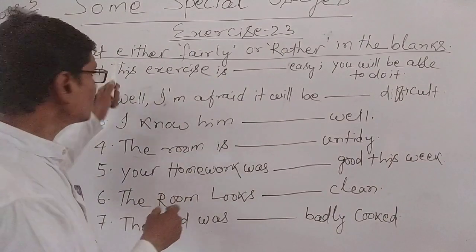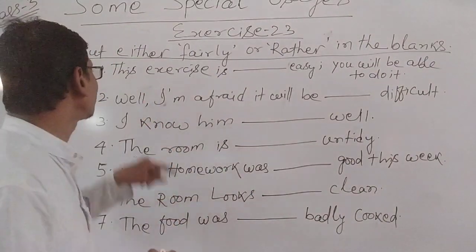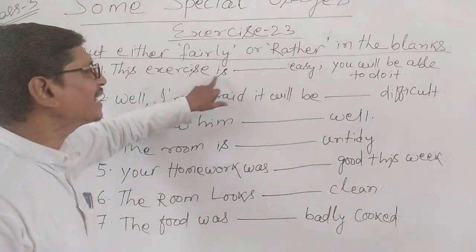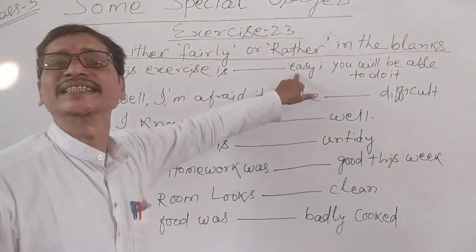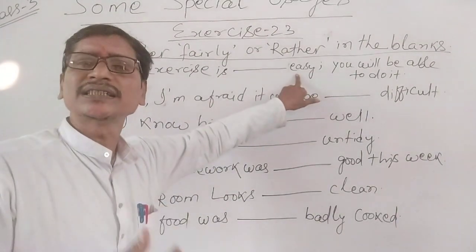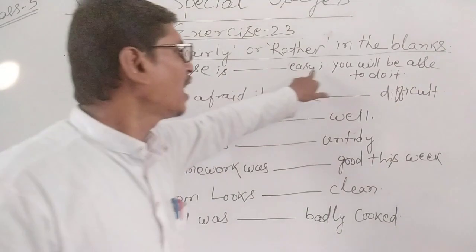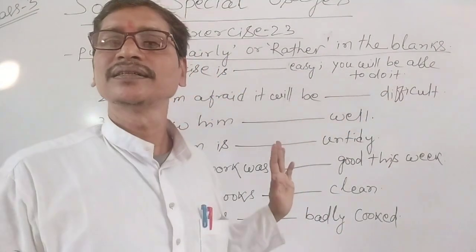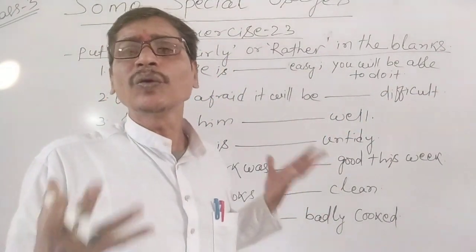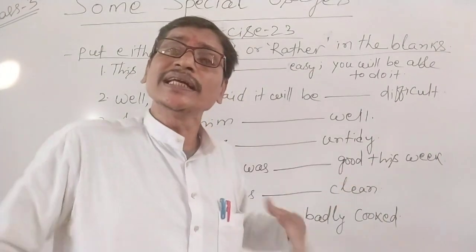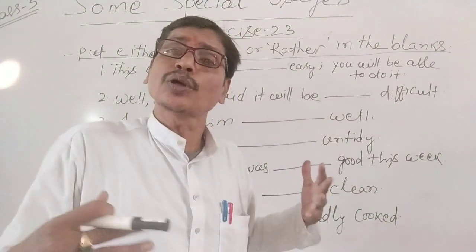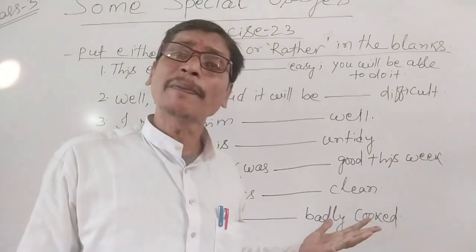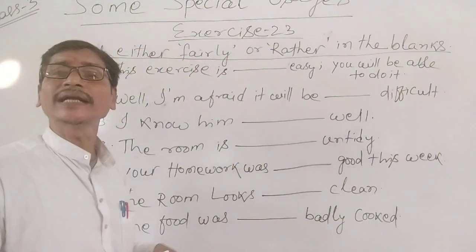Okay? So now let's understand the first sentence. This exercise is dash easy. You will be able to do it. So here we think it is a pleasant thing, we think it is positive, and also we can express our approval for this. Therefore what we should write over here?